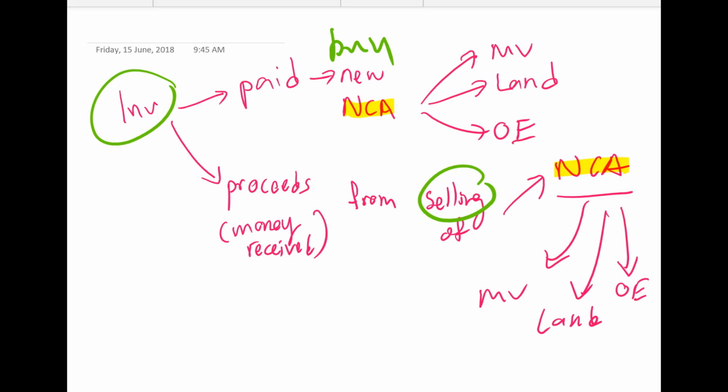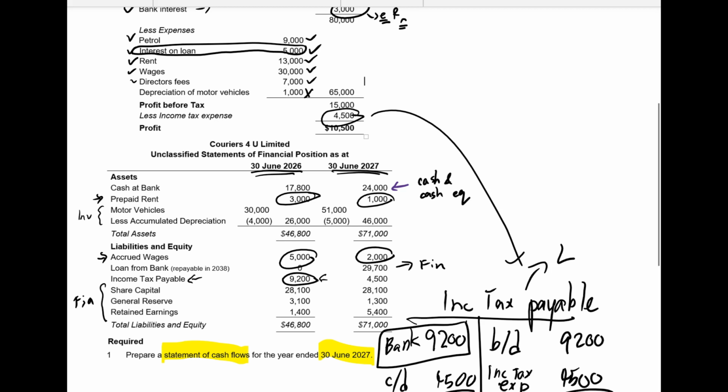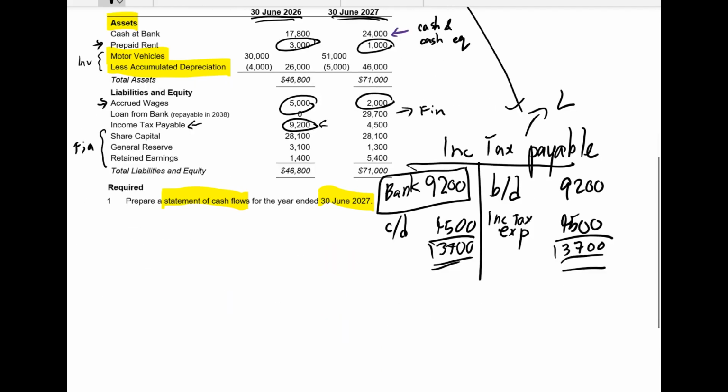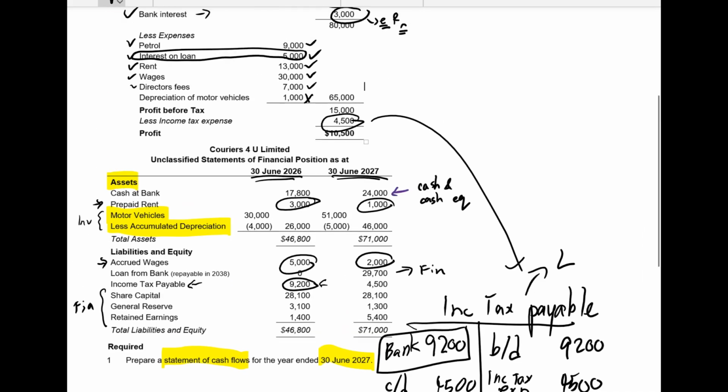So looking back at question 31, we are only going to look at the non-current assets part. Under your assets, you look for non-current assets like motor vehicles and accumulated depreciation. How do you check whether this company has bought new motor vehicles or not? Very simple. Normally the question won't tell you whether they buy or sell.